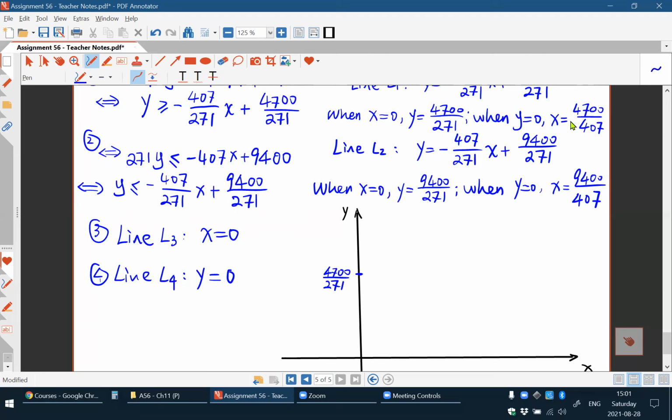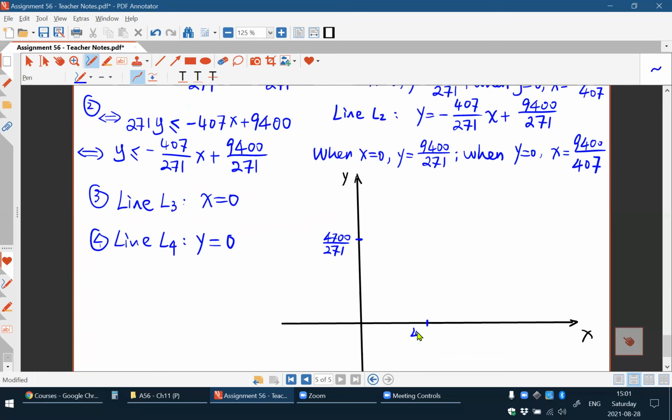And x-intercept is here. All right, so this is our first line.